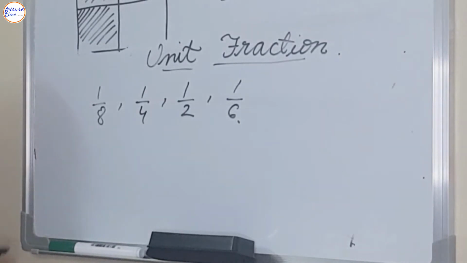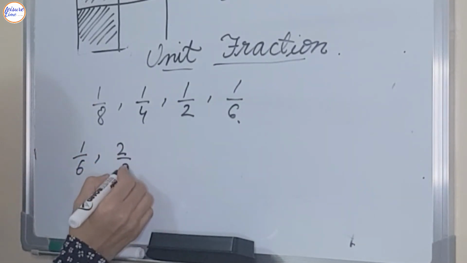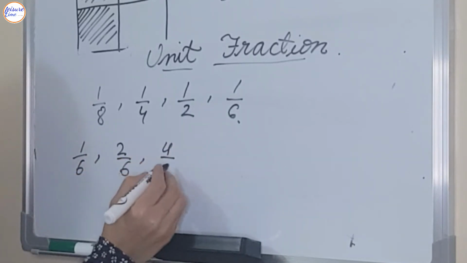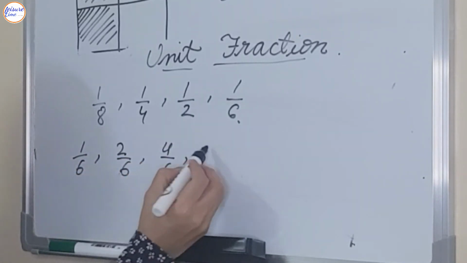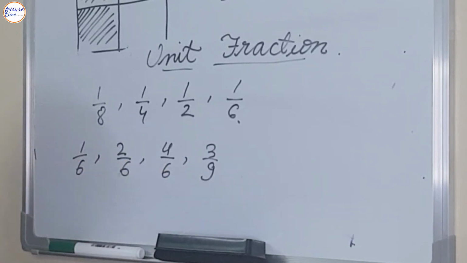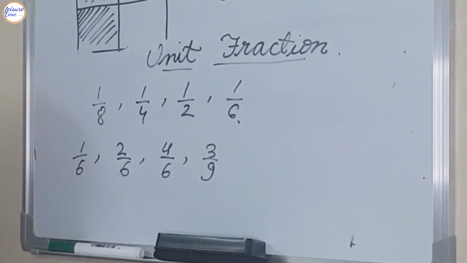Clear? For example, if I write like this, you can see here easily 1 by 6.